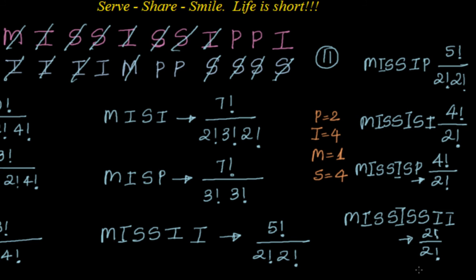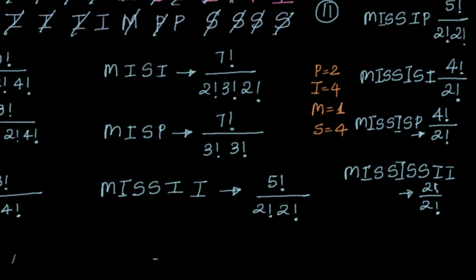Now, once we cross that MISSI, then I will be going to P. I need P, so I will cancel P. I will again come back to the I, but what I want is P. So I will be writing down that. I'll just move a little bit.